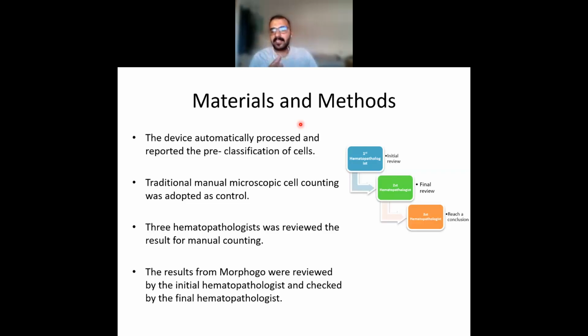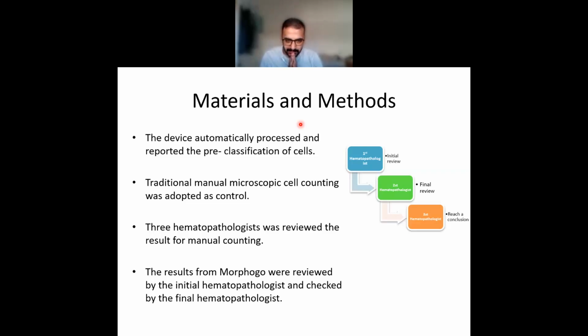If there is any difference between these two, we have a third hematopathologist to give the conclusion, and after that they end the control data set. After that, we have the Morphogo results. These results from Morphogo are reviewed by the initial hematopathologist and checked by the final hematopathologist.